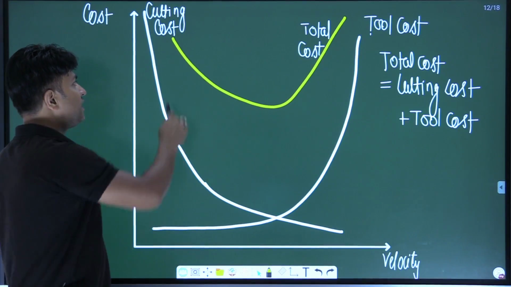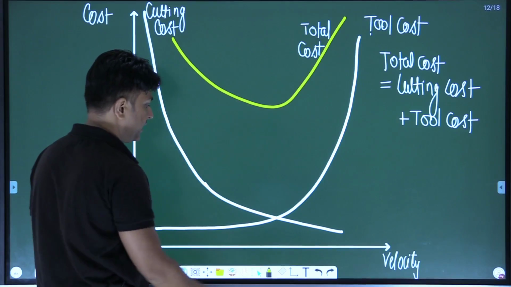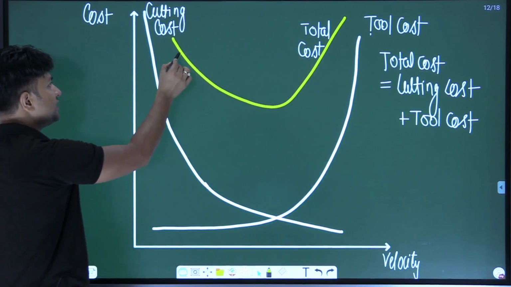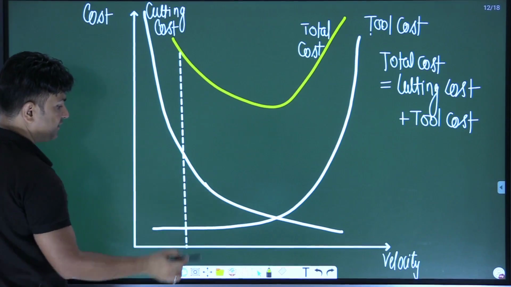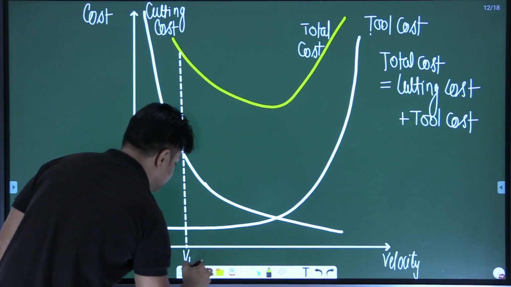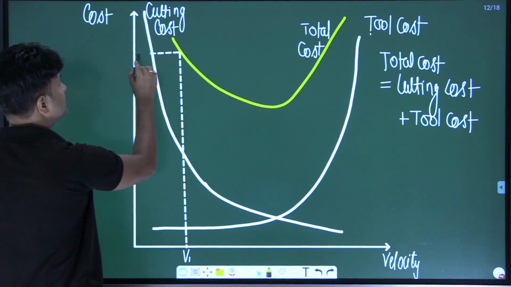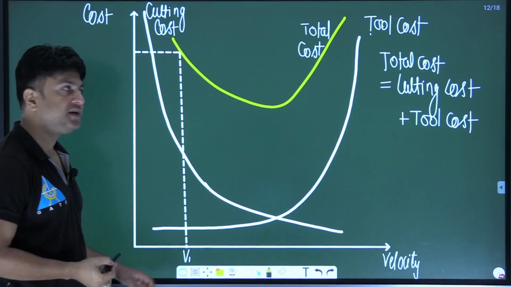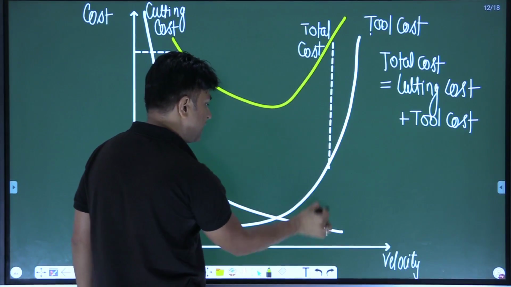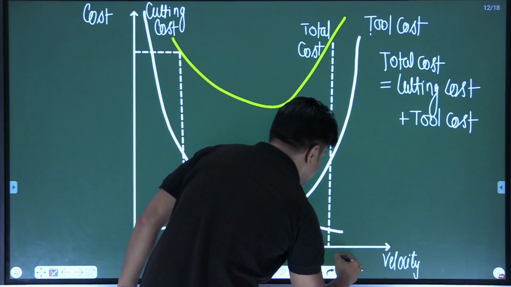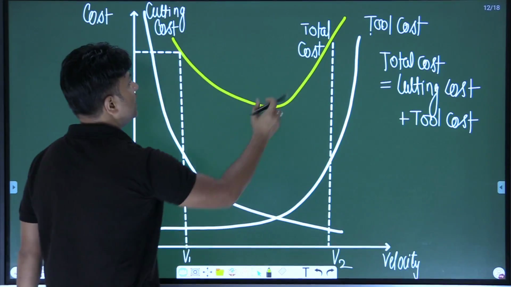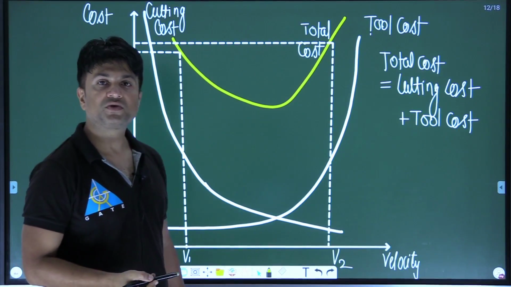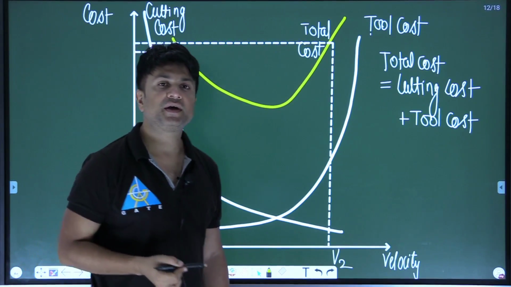Now you can see that the total cost varies. Suppose you cut the workpiece at a low velocity, let's say V1, the total cost is high. If you cut a workpiece with a very high cutting velocity, let's say V2, again the total cost is almost high. And what do you want as a manufacturer?